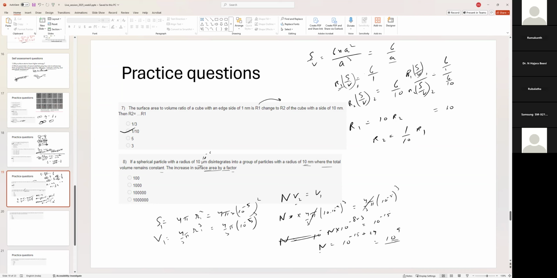So the surface area of all the smaller particles, S2, is equal to the surface area of each particle, 4 pi times 10 to the power minus 8 squared, into 10 to the power 9, the number of particles. This becomes 4 pi times 10 to the power minus 7.